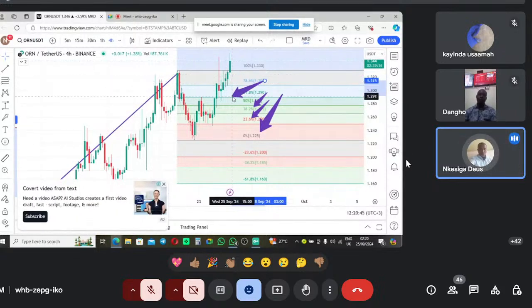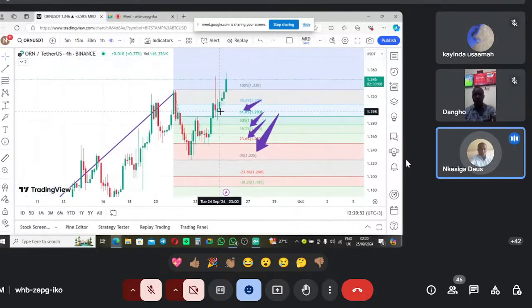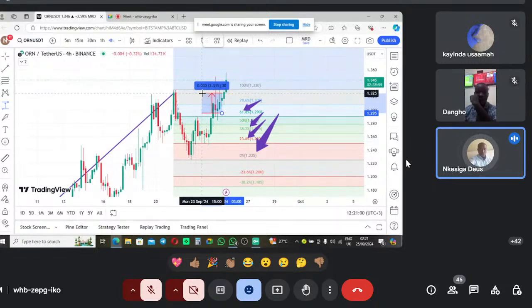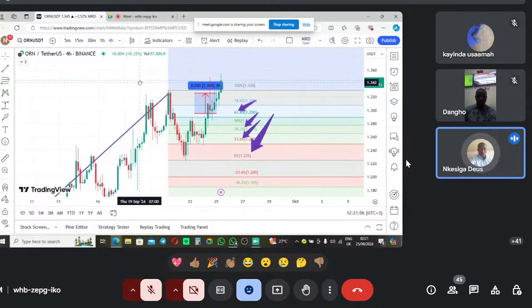You get the point? Therefore, if you see the market closing above the 61 line, prepare yourself, enter the trade, and take profit before hitting the 100. If you decide to take a profit, you would take maybe around 2.3. That could be enough for you, and you get out from the market.